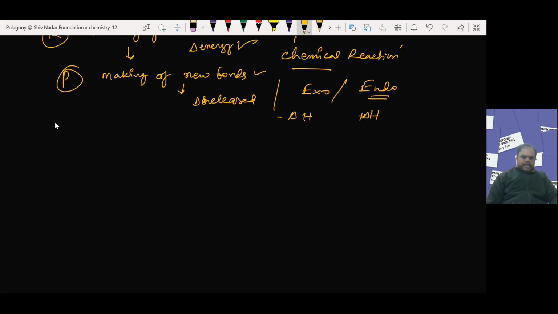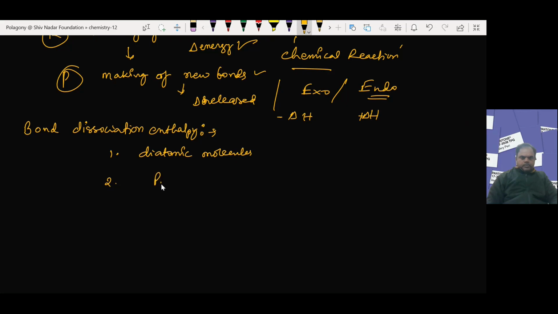So the bond dissociation enthalpy, the enthalpy change, in diatomic molecules and polyatomic molecules, can be discussed in two types of molecules. Number one, diatomic molecules.